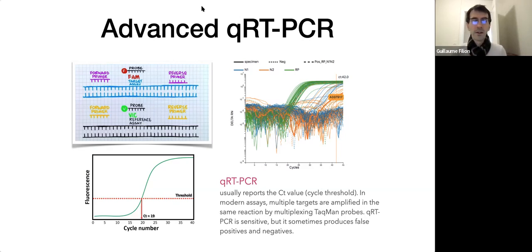So it means, yeah, okay, you may be positive, but if this molecule is in the air, if it just fell in the tube or something like this, then you'd get the same result. If you get a CT of 30, this is a lot more. That's 1,000 times more. Okay? And so depending on which CT you get, you can suspect that's a false positive that's coming from contamination in the air, or no, that's for sure, this person's got a lot of virus.